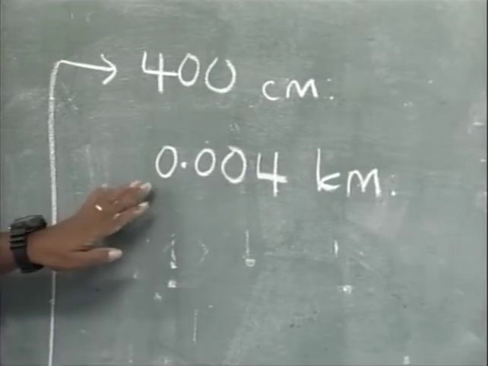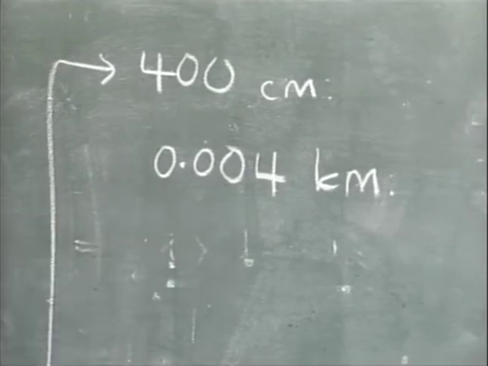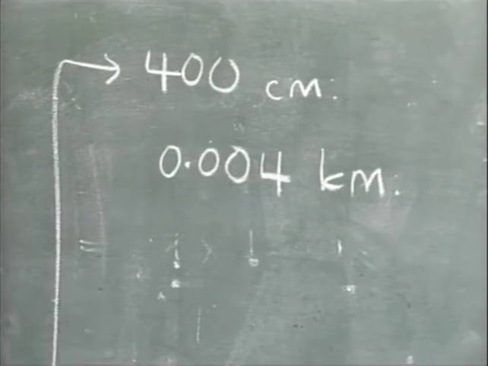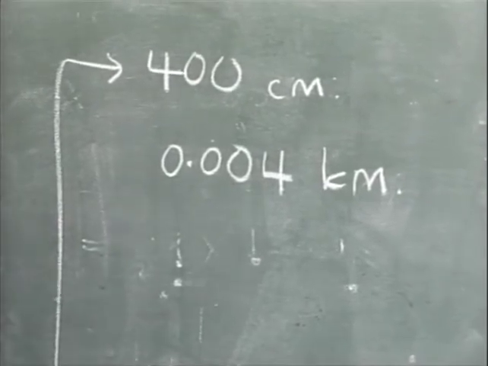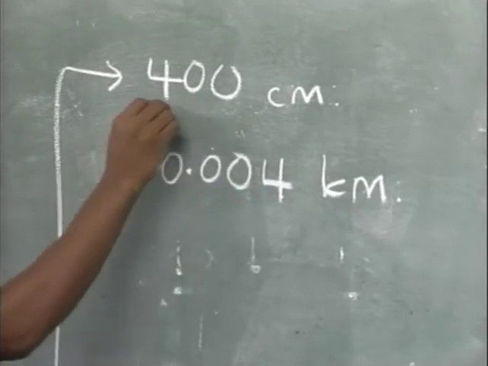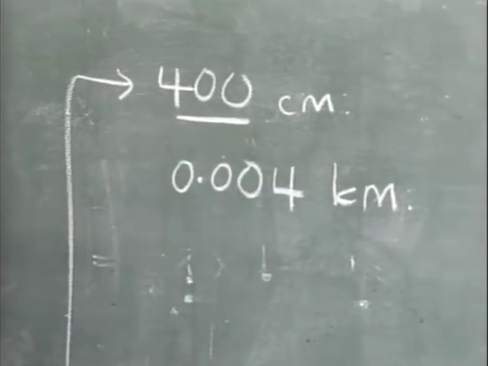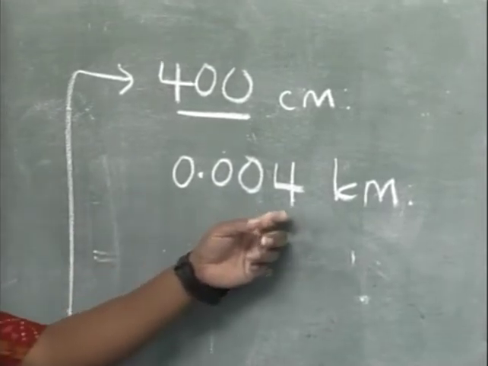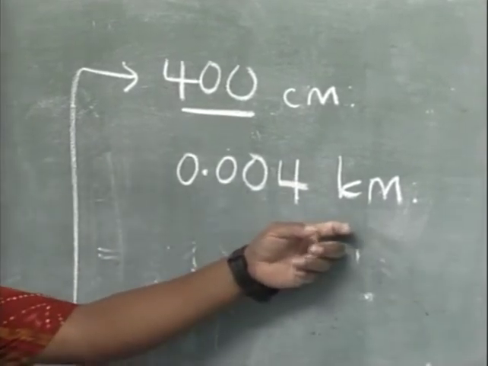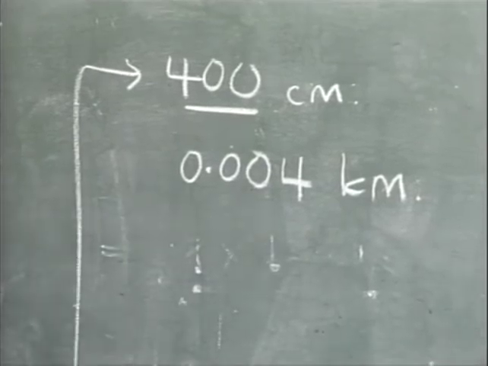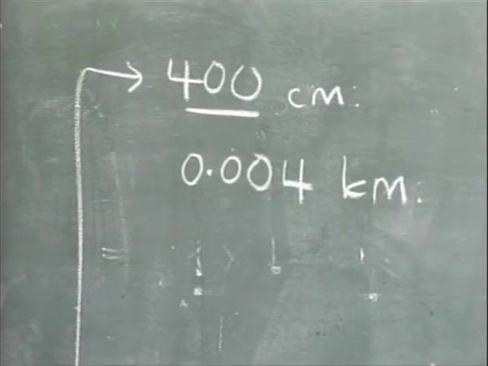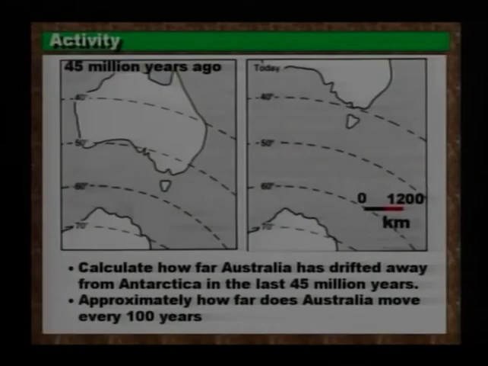So in other words, Australia, for 100 years, actually moved 400 centimeters, or 0.004 kilometers. The question wanted us to look at approximately how far does Australia move every 100 years.